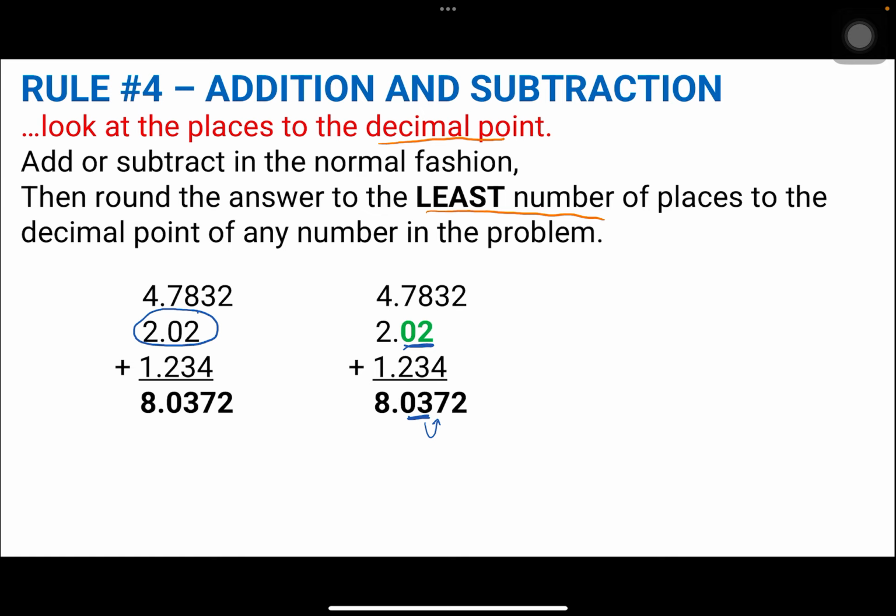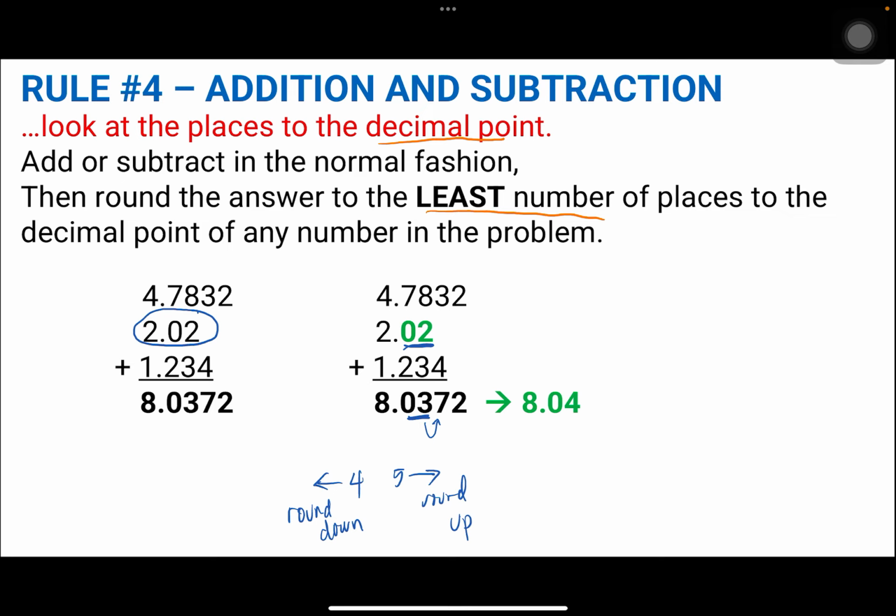If 5, 6, 7, 8, 9, mag-a-add tayo ng isa. Pero pag nasa 4, 3, 2, 1 naman siya, magra-round down. Therefore, 7 siya, kaya magiging round up. Our final answer here is 8.04. Okay?